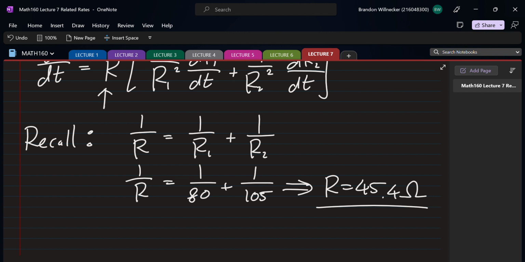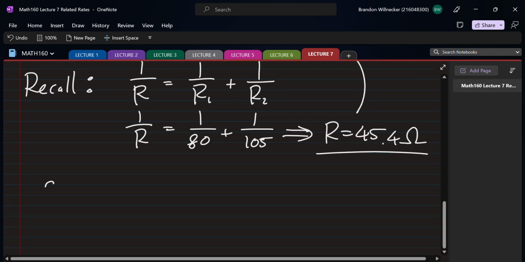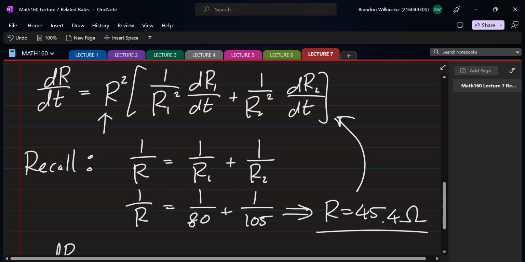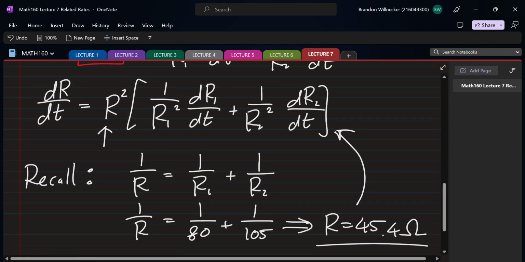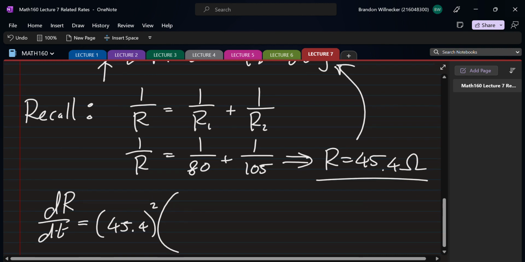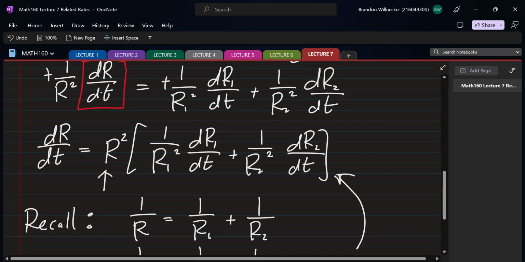Okay, so we can substitute this into the previous equation that we found, and then solve. So dR by dt is R squared, which is 45.4 squared, times 1 over R1 squared, so 1 over 80 squared, times dR1 by dt.